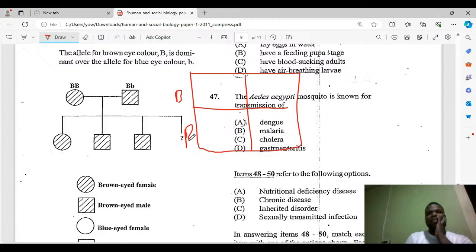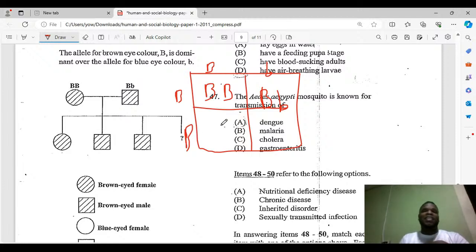BB times B small b. And when you multiply it, you see that you get two capital B here, and that would be a brown eye color. Right? Then you get a heterozygous, so you get a dominant B and a recessive b. But this is a dominant B, so that means that this one would also be a brown eye color.